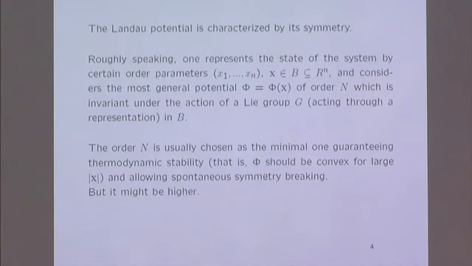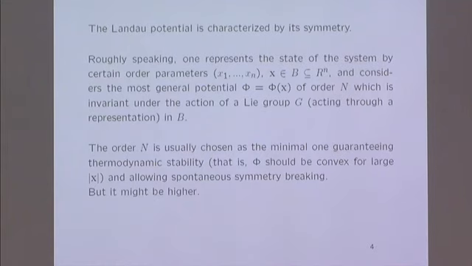The order usually is chosen the smallest possible order so that the potential is convex at infinity, so it's stable, but on the other side to allow for phase transition, which basically means, well, I will say later what it means. So what is the problem with this program?